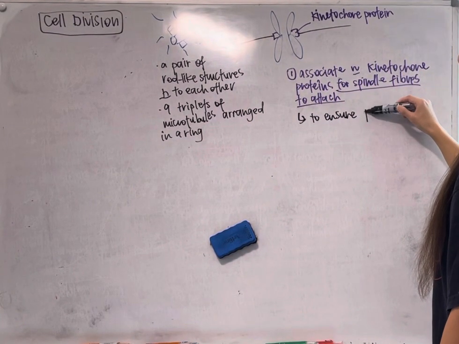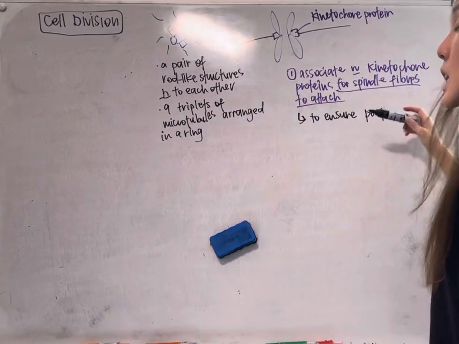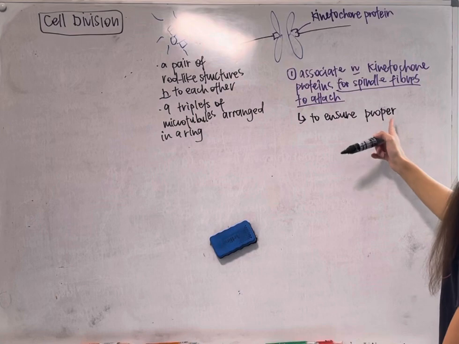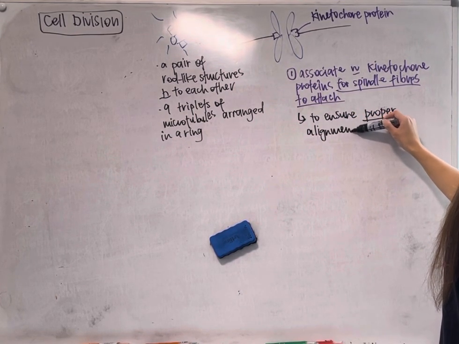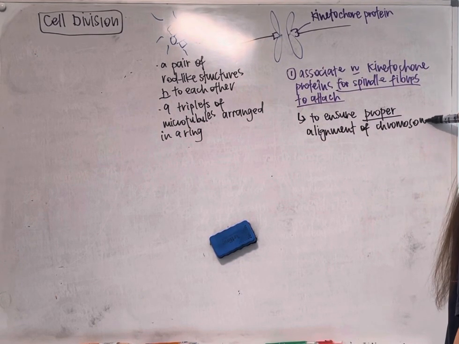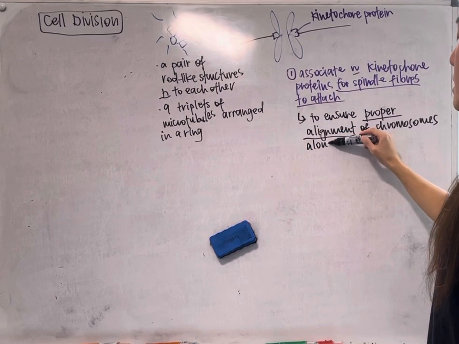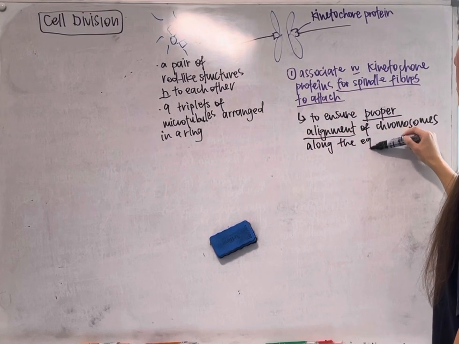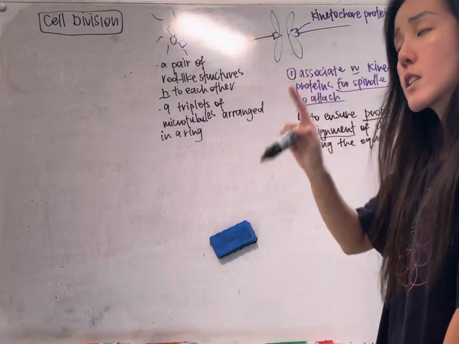The proper alignment of chromosomes along the equator. Keyword is proper alignment of chromosomes along the equator. And you will realize that proper alignment is always the standard key phrase you want to describe.